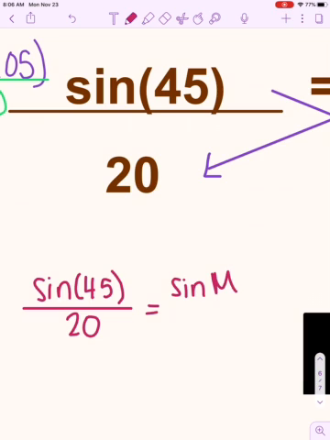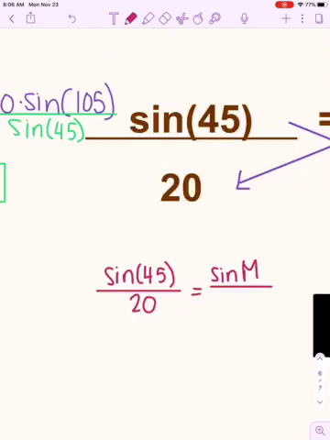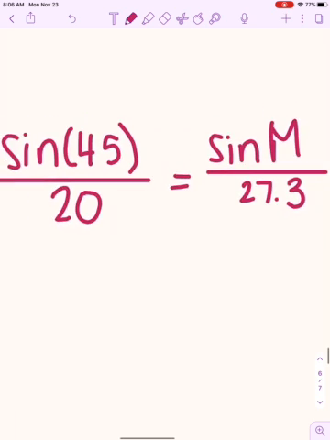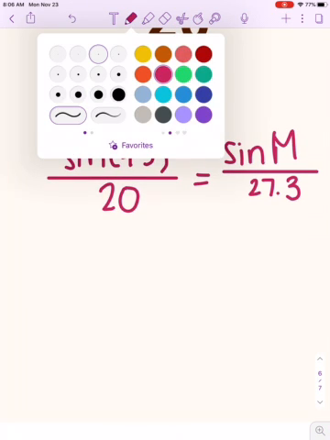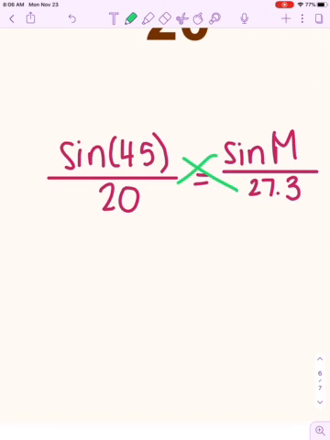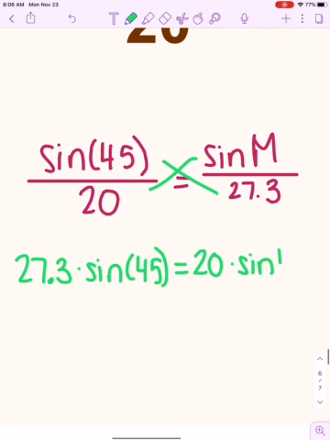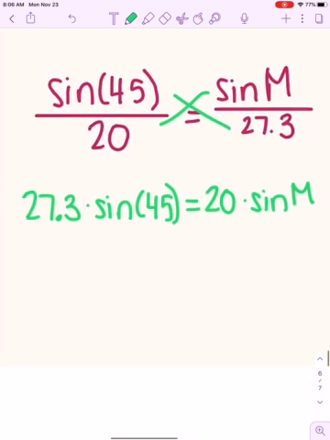But if they did not give me M, so I'm going to write the sine of M over 27.3. Okay, so if I'm solving for an angle instead of a side length, I can still do that. So I'll cross multiply. So that's 27.3 times the sine of 45 equals 20 times the sine of angle M.